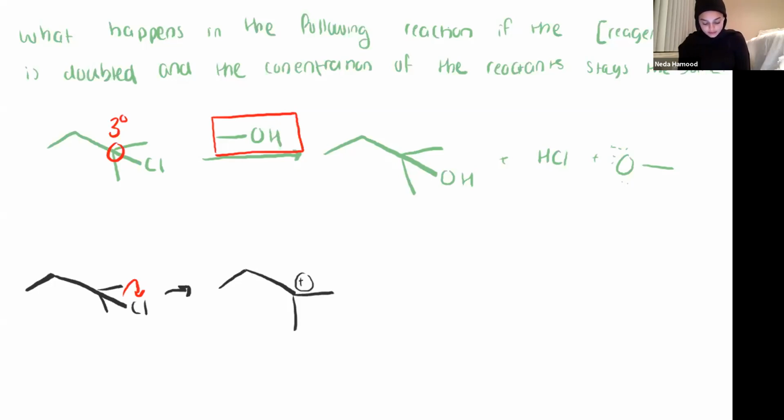Then we have an electrophile. So this is our electrophile here. And this is where we have our carbocation intermediate. And then we would have a nice little chlorine over here floating. And the chlorine is minus like that.